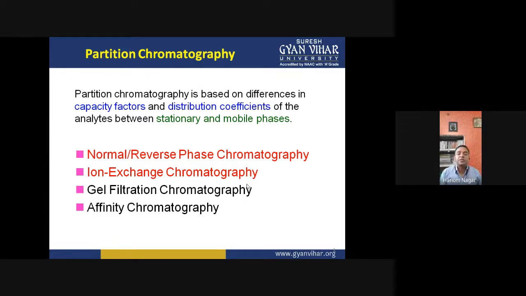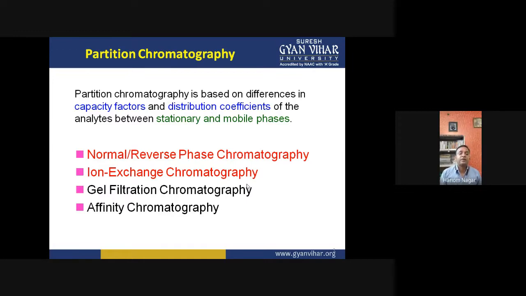Basically, the capacity factor is just like the retention factor, and the retention factor is actually the elution time difference, or the distance between the peaks for two components. How far these peaks are distinct from each other: the capacity factor would be greater, right?